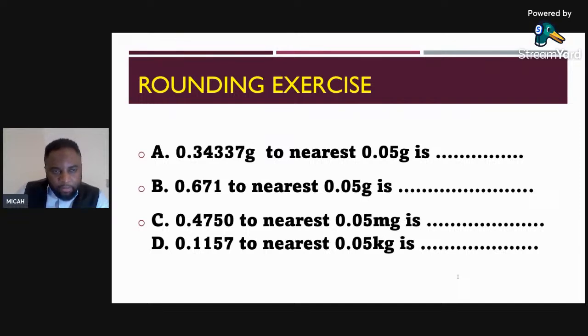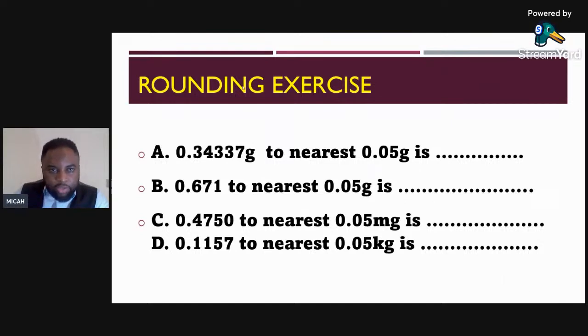I'm trying to round to 0.05. When I look at my number, the 5 in 0.05 will be sitting on the 4 in my number. Can you see what I'm talking about? The number that I have is 0.34337. Now, to do this question very easily, I need to find out where this 5 is sitting.